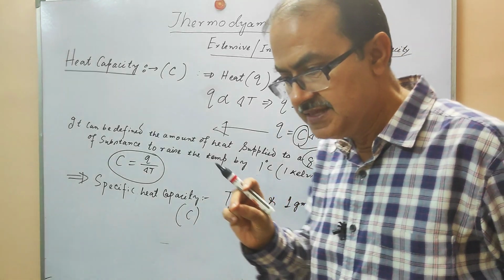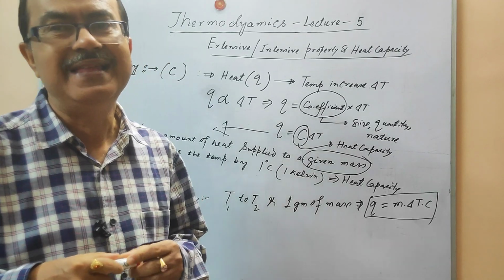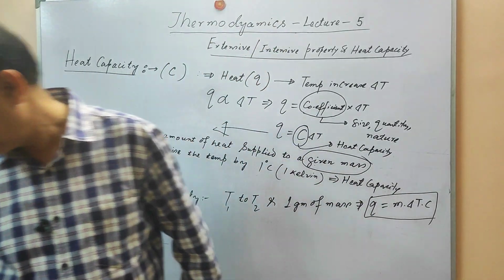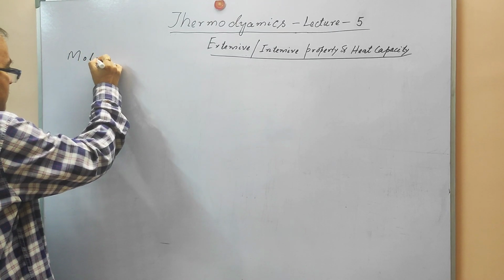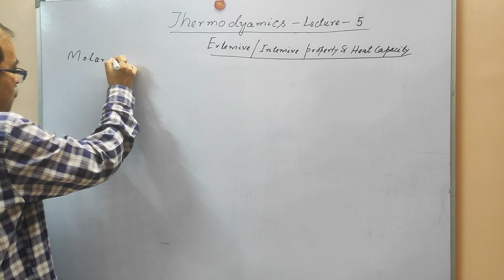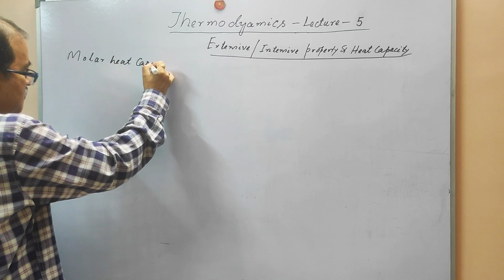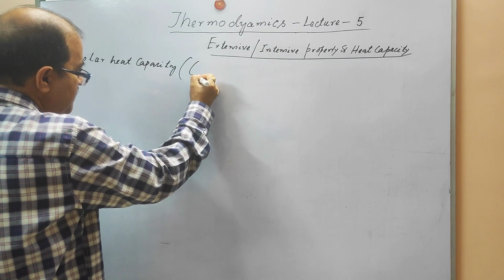In this fashion, there is another important term that we will understand, the molar heat capacity. It is denoted by Cm.